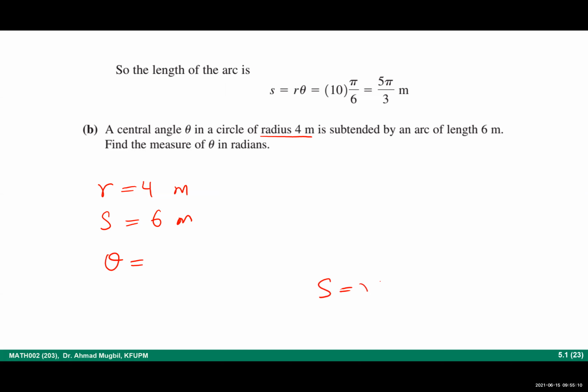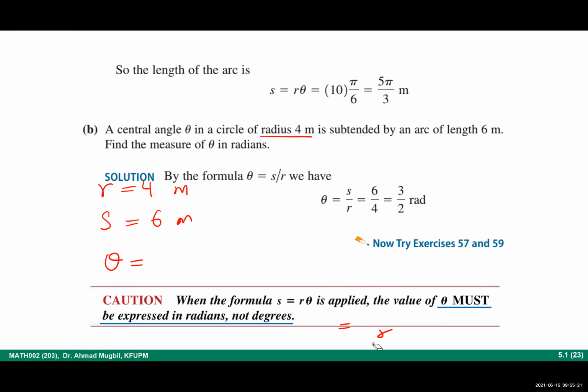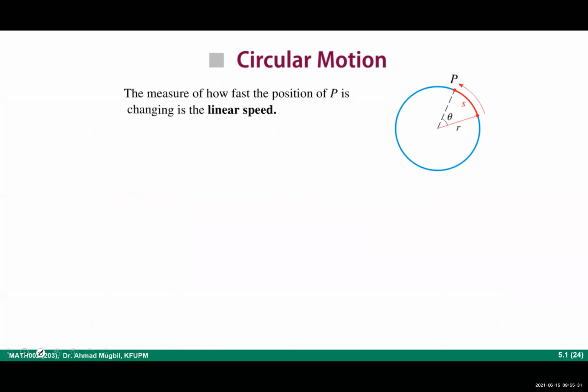Because s equals r theta, theta will be s over r. And this is so easy. It is 3 over 2 radian. A caution, this is a very important caution, shabab. When the formula s equals r theta is applied, the value of theta must be in radian, not degrees.